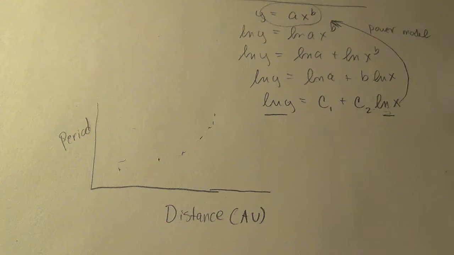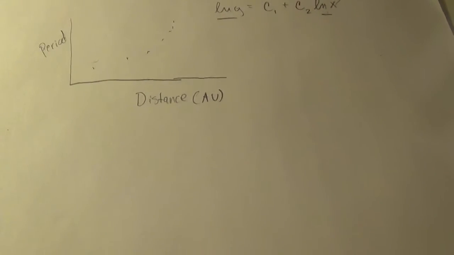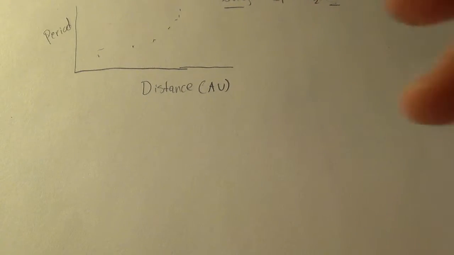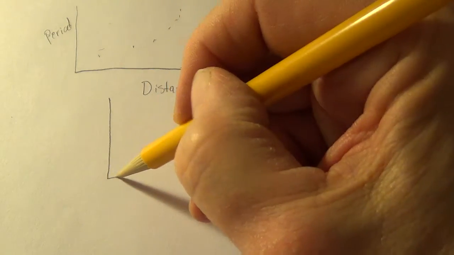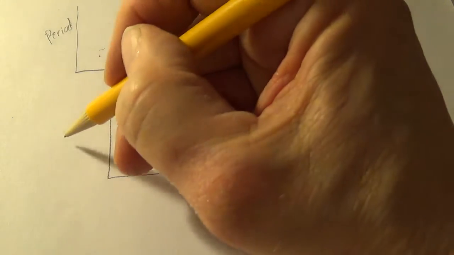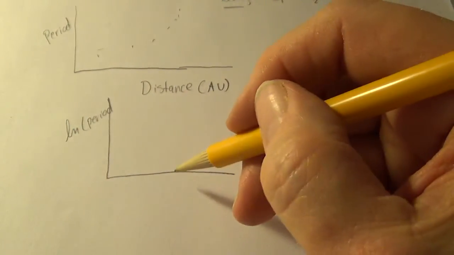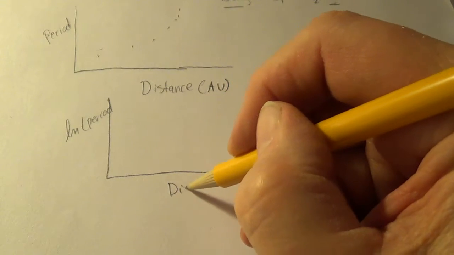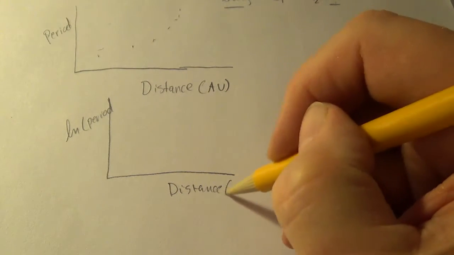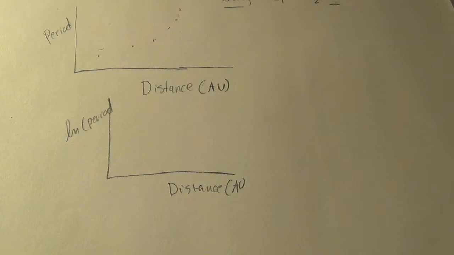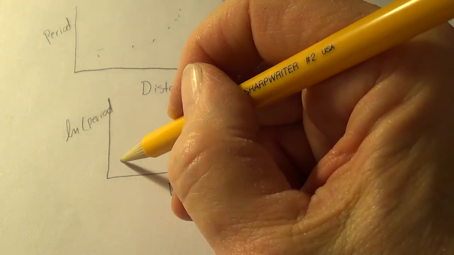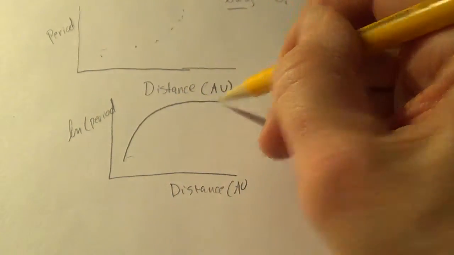So there's curved dots, and from that they attempted to straighten out the data by taking the ln of the period and leaving the distance in AUs the same. And guess what? It didn't straighten it out. It curved it the other way.